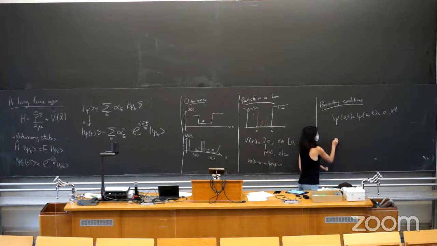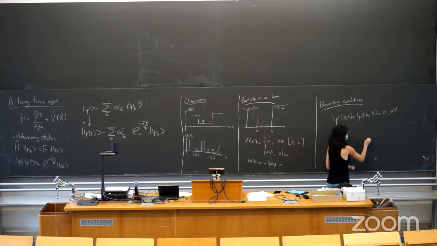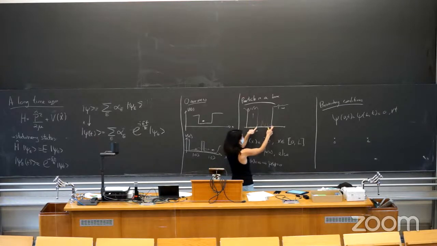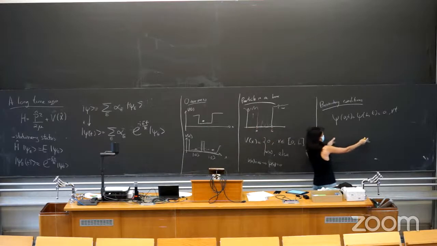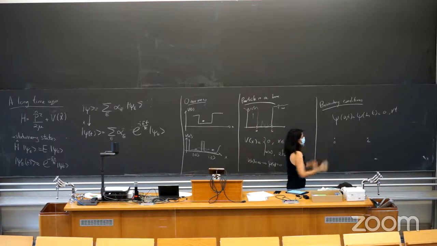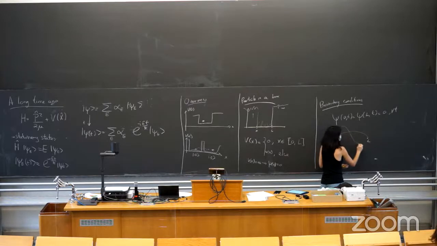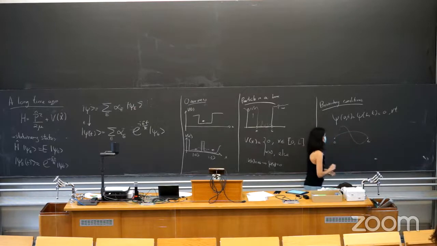Think maybe of a guitar string that needs to be at position 0 here and at L, right? So these are the two extremes of your guitar. So what kind of nice waves can it have? Well, one could be something like this, or another one something like this, or going around once more, one more oscillation.